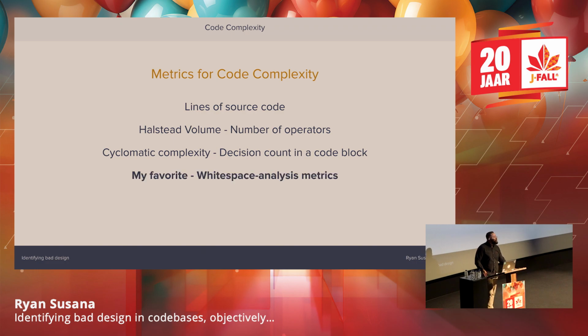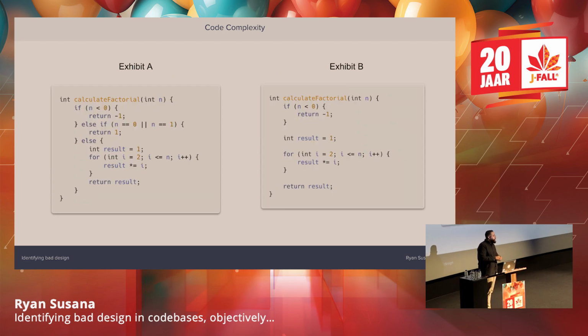But my favorite method of them all is called white space-based metrics, or indentation-based metrics, or nesting, if you will. And I like nesting because it's very natural to the way I read code. So I would say that the code on exhibit B is a lot less complex than the code on exhibit A, even though they do exactly the same thing.